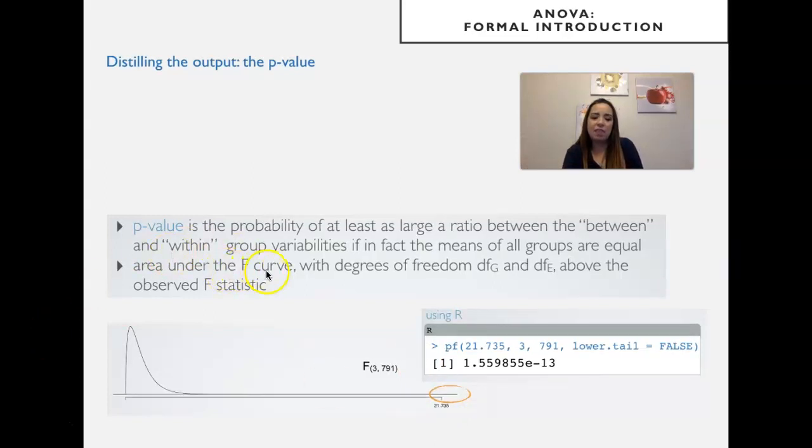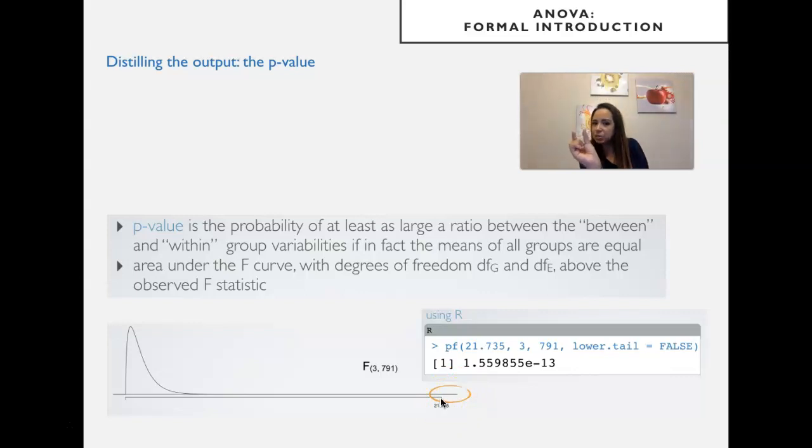The area under the F curve with degrees of freedom DFG and DFE above these degrees of freedom. So the p-value is the area under the curve that goes above this particular value, right?